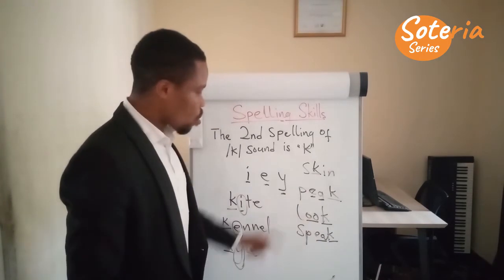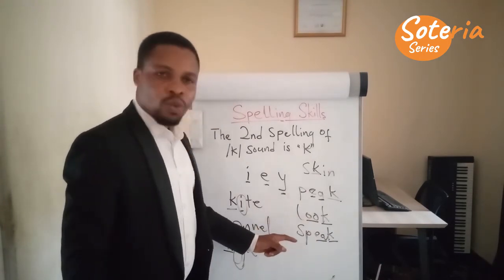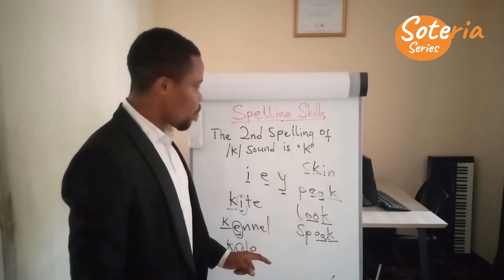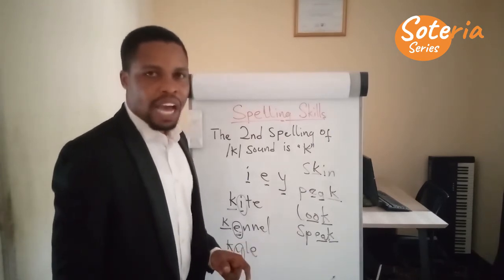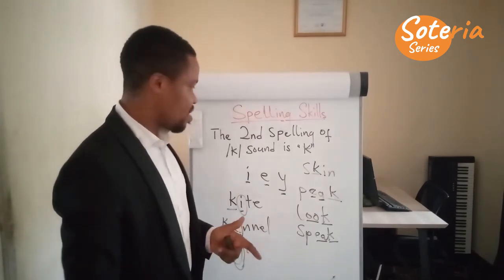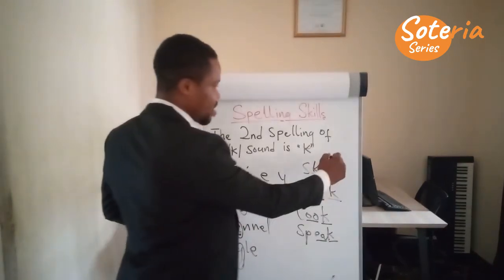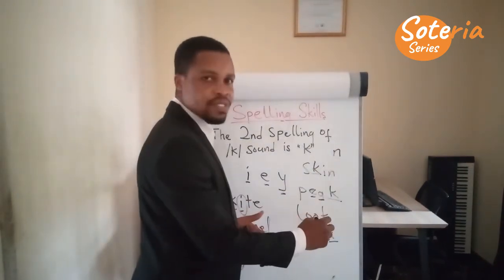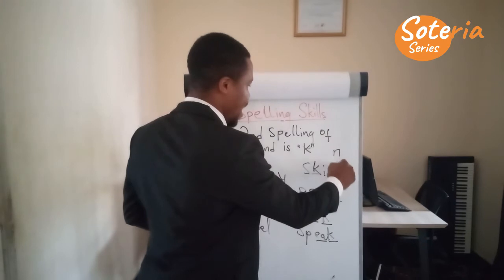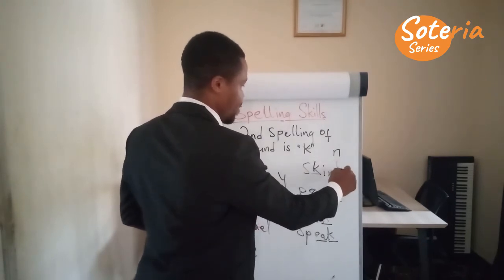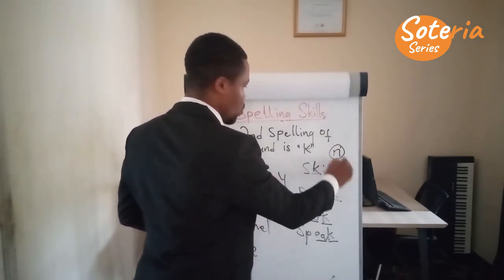Good. Not only double vowels do this, but also when the sound comes after other consonants, specifically the consonants N, L, or S. So watch out for these consonants also.